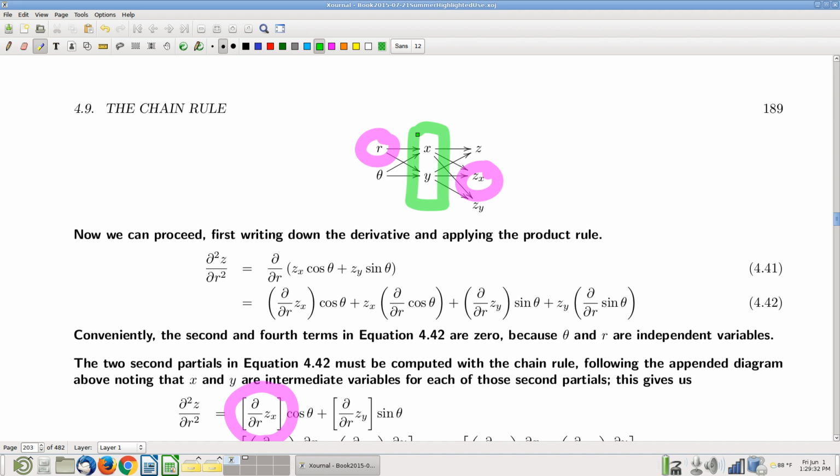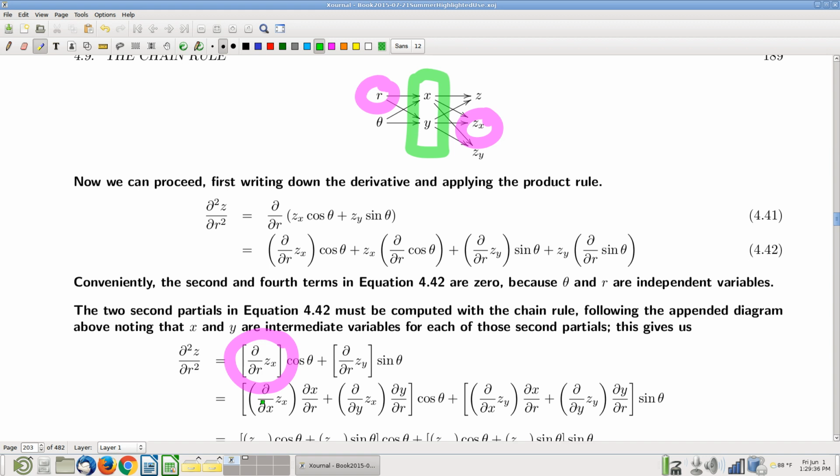We're going to get two terms, one term for each of the two intermediate variables. Partial of zx with respect to r. By the chain rule, first will be zx with respect to x, then x with respect to r. That's the first term, first intermediate variable. Then zx with respect to y, and y with respect to r. That's the second term. Pretty good?